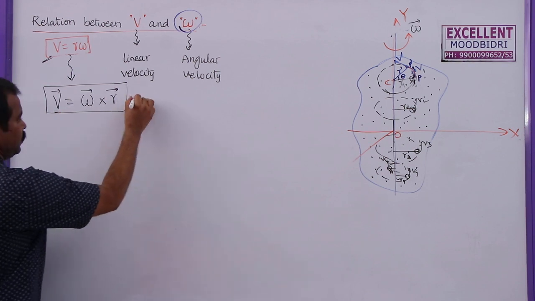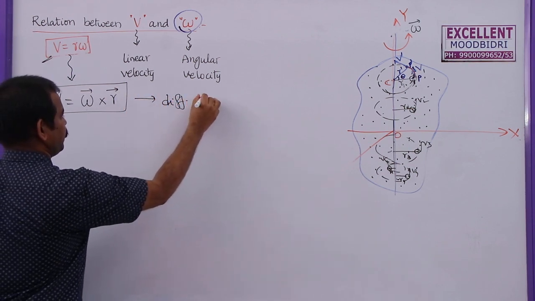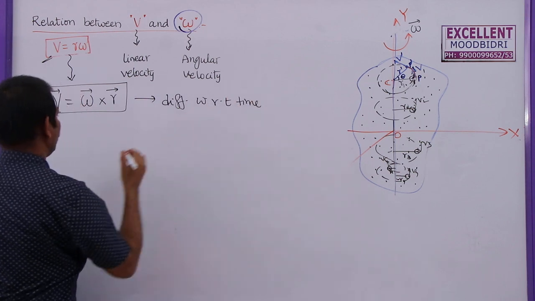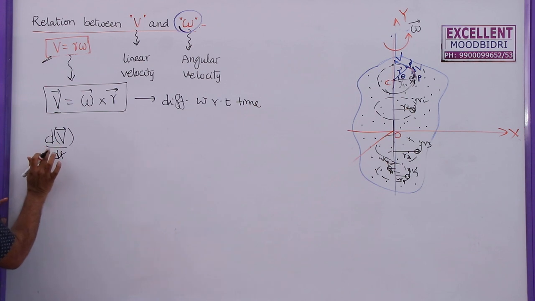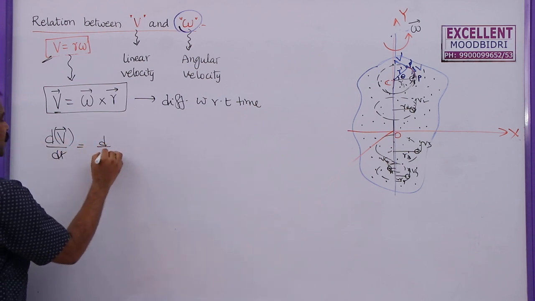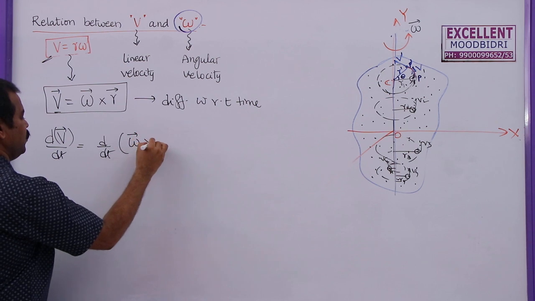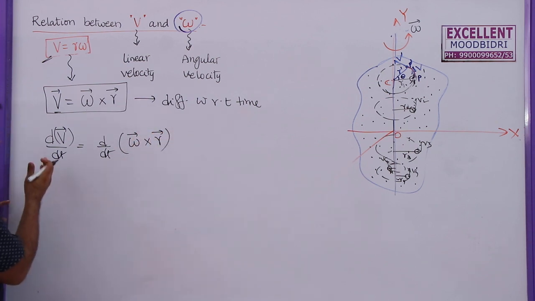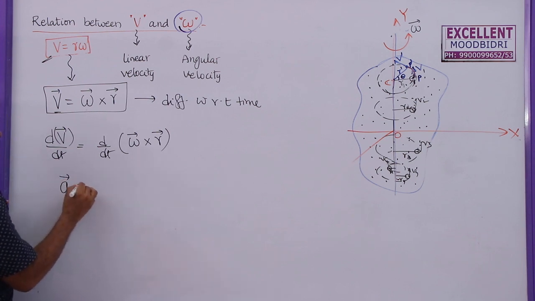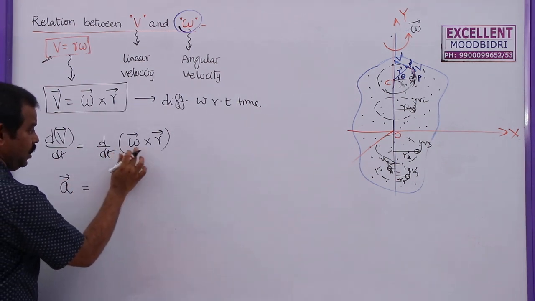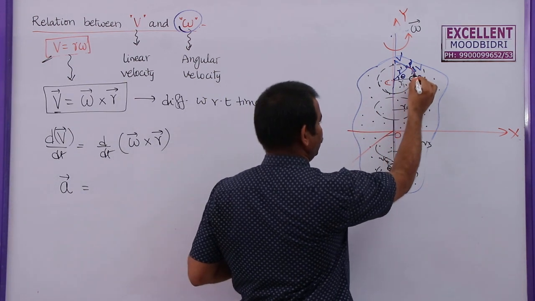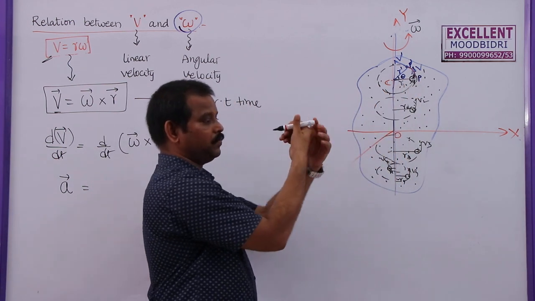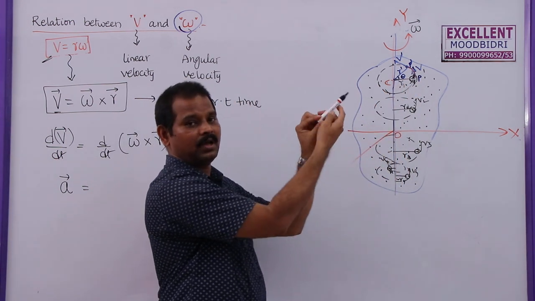Here, if you differentiate this with respect to time, what are you going to get? This is dv by dt, the rate of change of velocity, equal to d by dt of omega bar cross r bar. What is this dv by dt? The rate of change of linear velocity is called acceleration, a bar. Here r is constant; if you consider this particular point, this radius always remains constant, the particle moves in the same circular path of radius r1 only.